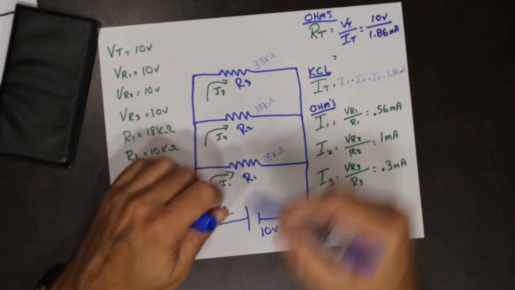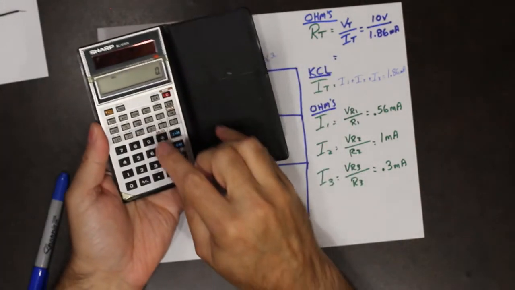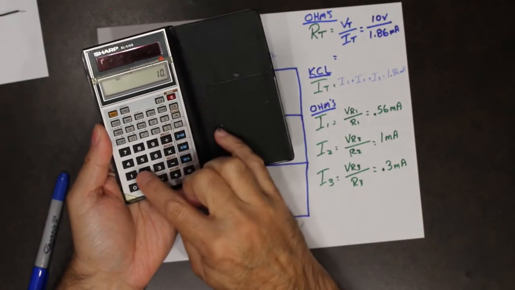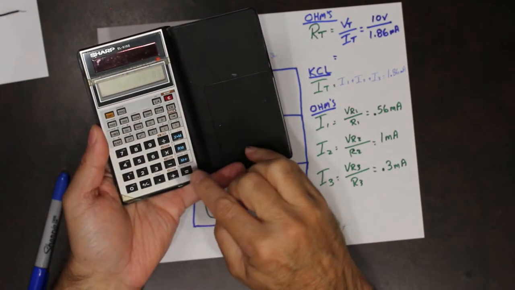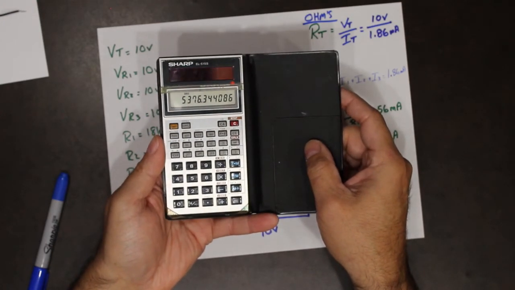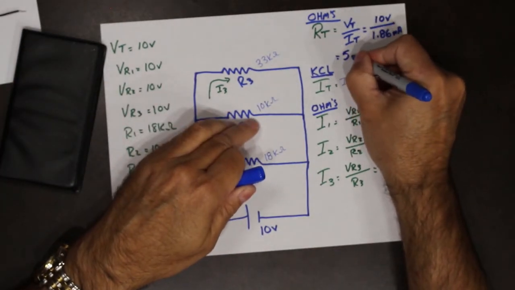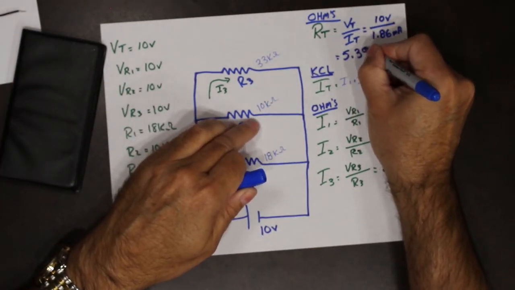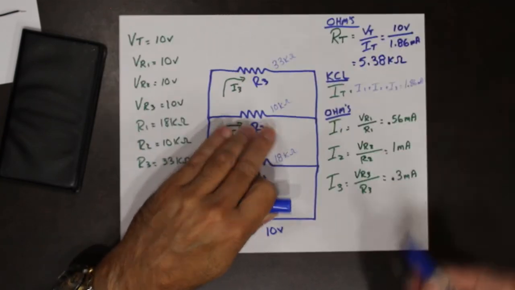So therefore, R total is going to be 10 divided by 1.86 times 10 to the negative 3 equals 5.38K. So 5.38 kilo ohms.